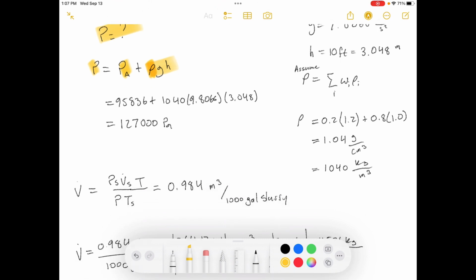But anyway, we're going to say, okay, this is the atmospheric pressure that they gave to us. The column of liquid is equal to the density times the acceleration of gravity, that's g, and this is the height.